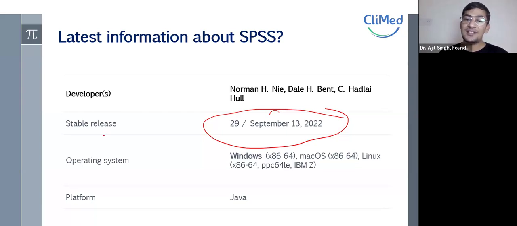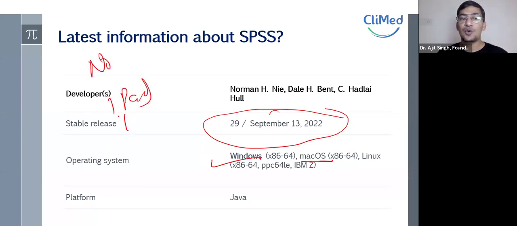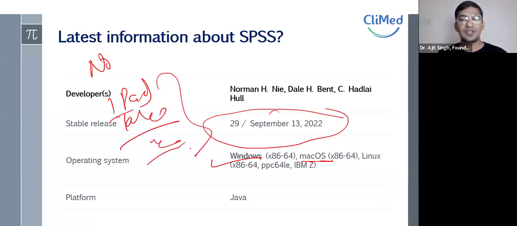The operating systems are Windows and Mac OS only. That's why I told you no iPad, no tablets, no mobiles. It doesn't work on mobiles, tablets and iPads. The platform is Java.